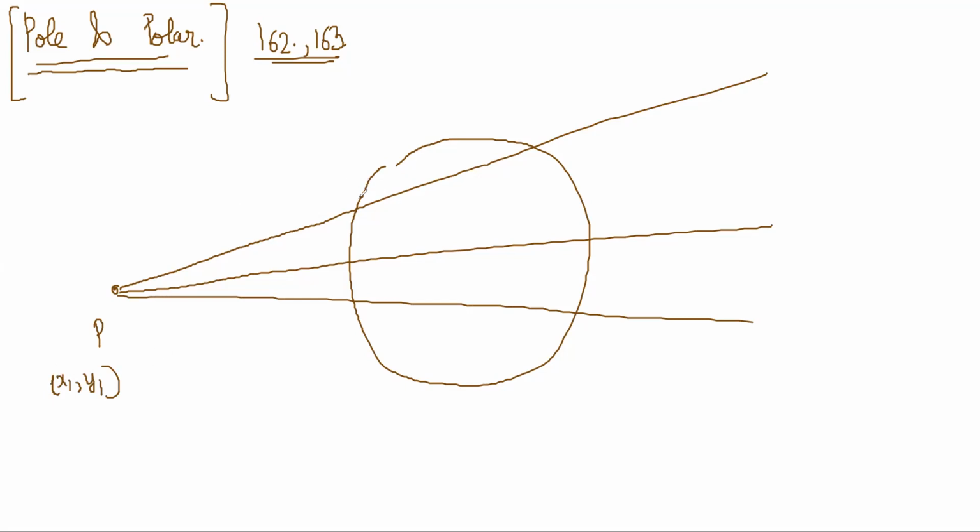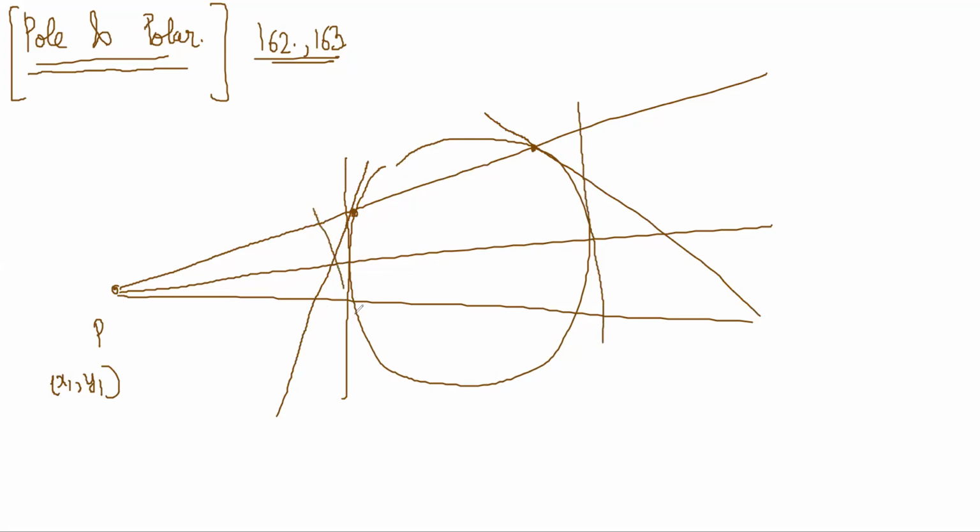Now at each of these points, I can draw tangents like this and like this. At the points where the chord intersects the circle, at those points of contact, I can draw tangents, right? So I will draw one more tangent like this, and one more tangent like this here.